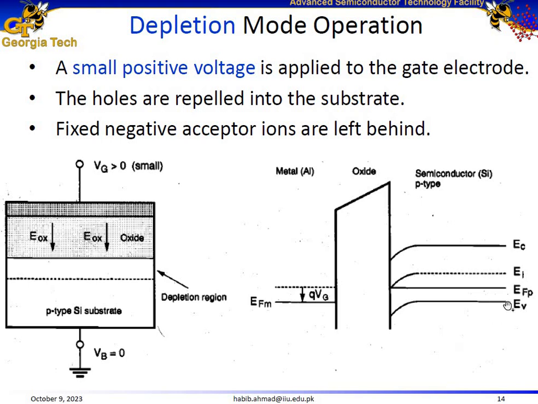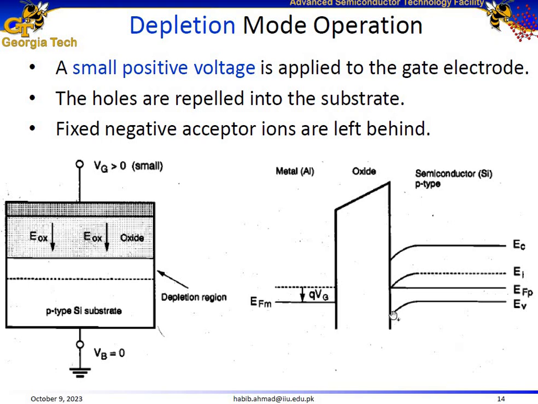Similarly, looking at the energy band diagram for the metal oxide semiconductor, we see that in the bulk region, the Fermi energy level is close to the valence band, right? Indicating this is a p-type semiconductor.